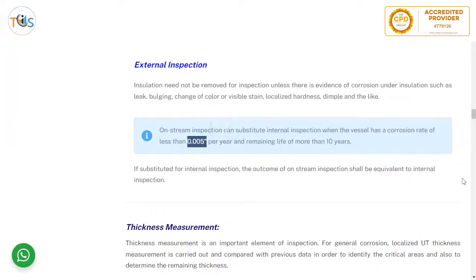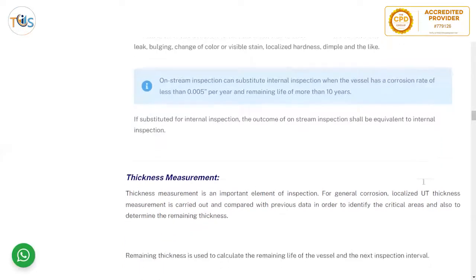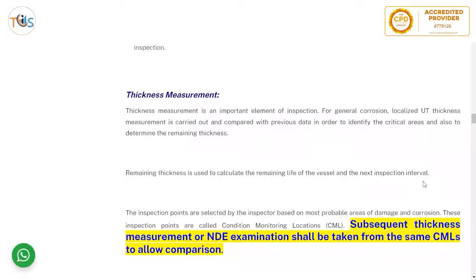Then you can use on-stream inspection and substitute it with internal inspection, provided it gives you almost similar information that you get with internal inspection, or it is not possible to enter the vessel due to size or any other reason. If substituted for internal inspection, the outcome of the on-stream inspection shall be equivalent to internal inspection. So it should give you the same information.